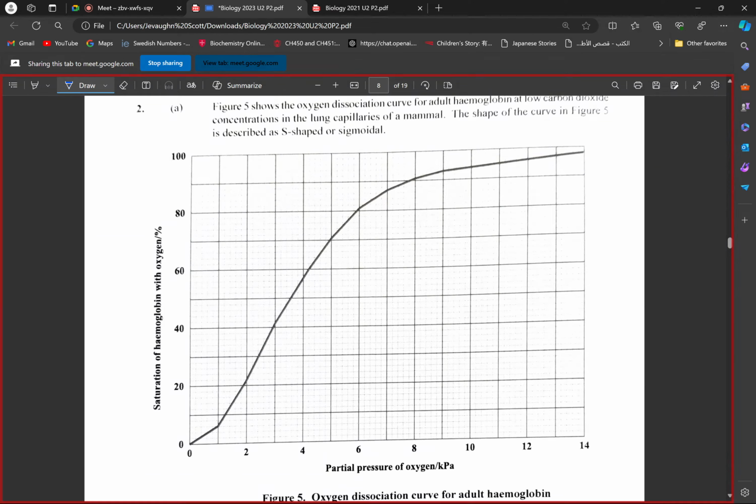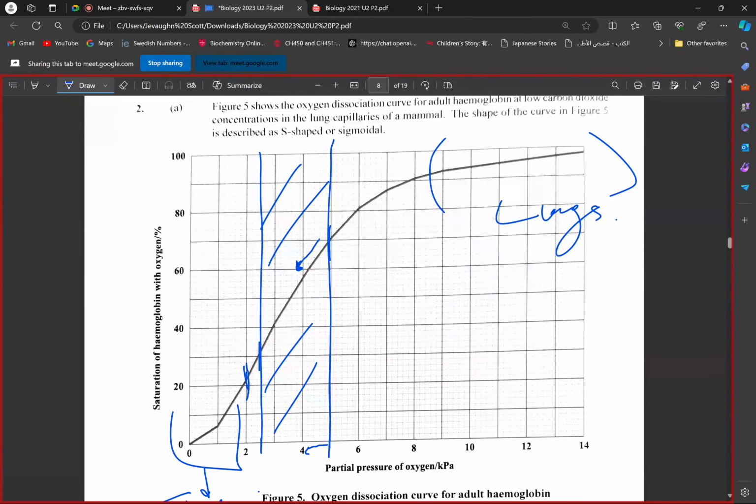Any small change in the partial pressure of oxygen will result in a significant change in the hemoglobin saturation. This allows for efficient unloading of oxygen to where it is needed, right? So that's important specifically in mammals, because when we reach tissues that have been metabolizing, tissues that have been respiring, the partial pressure of oxygen would be a bit lower.